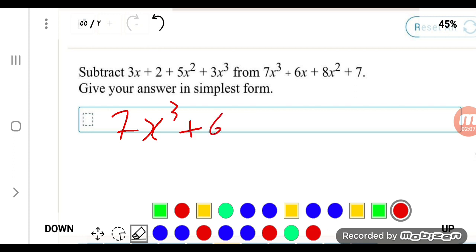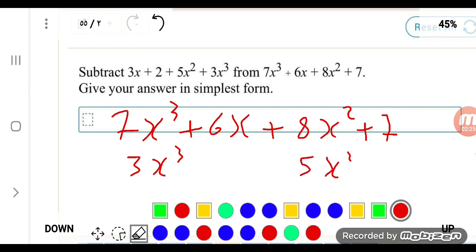plus 6x plus 8x squared plus 7, and here you arrange the like terms under each other, and here you write 5x squared, and here you write plus 2, and here you write under 6x there's nothing. Okay, sorry, there is 3x, so here 3x.